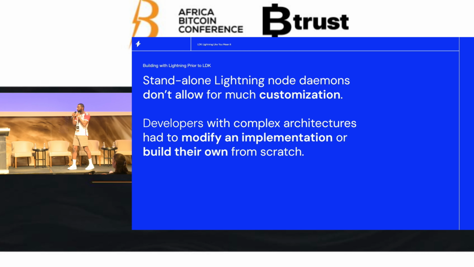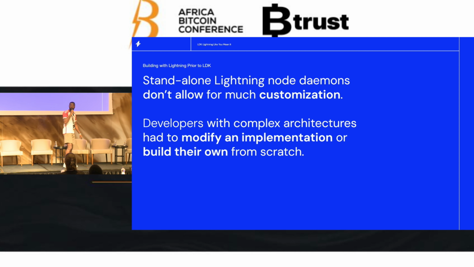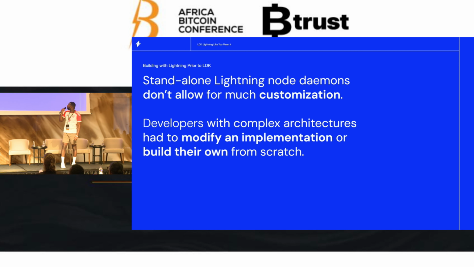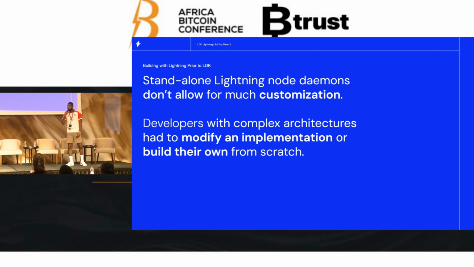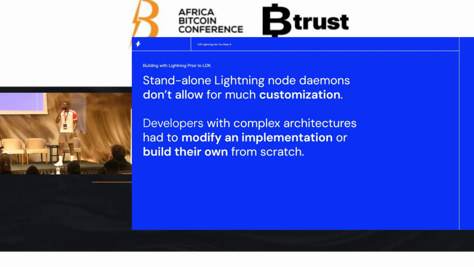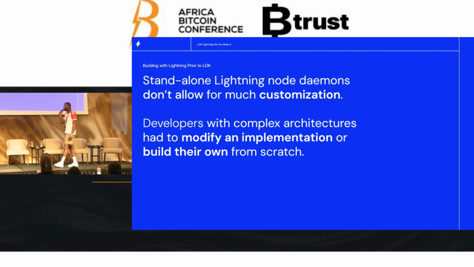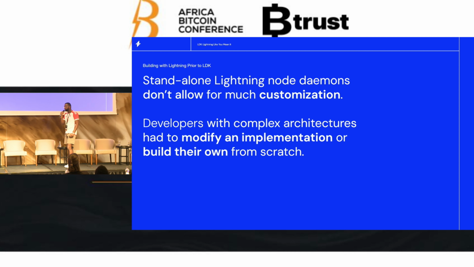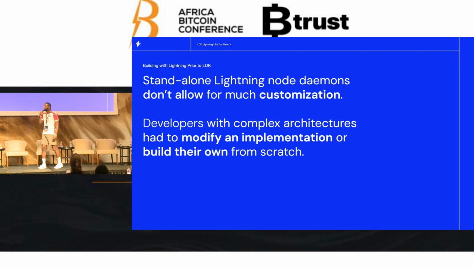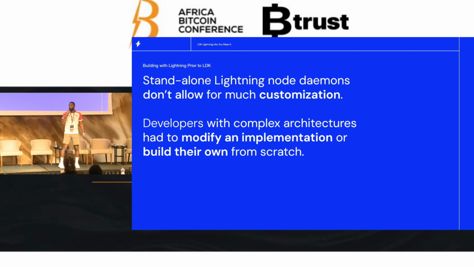So typically, when you're trying to build for the Lightning Network, there are a few implementations. A couple of organizations and groups of developers work on different implementations of the Lightning Network. And those implementations have typically been around standalone Lightning daemons.